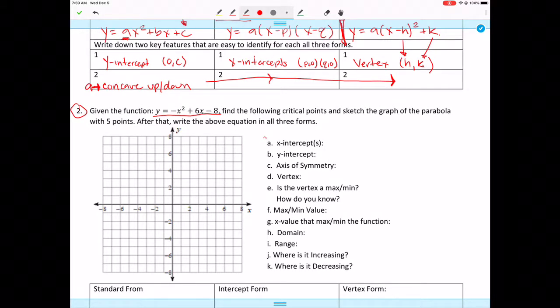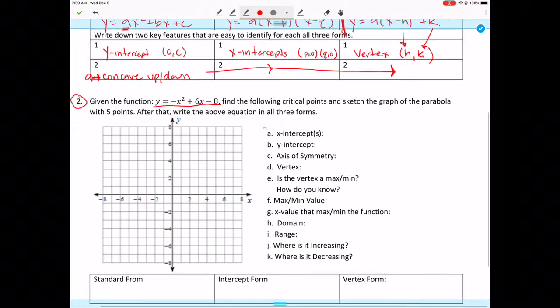I mentioned in class that if you don't like standard form and you want to switch it into another form and then graph and do all this other stuff, I am totally fine with that. On the test, there's not going to be any particular problem that says you have to find this information, A through K, by just looking at it in standard form.